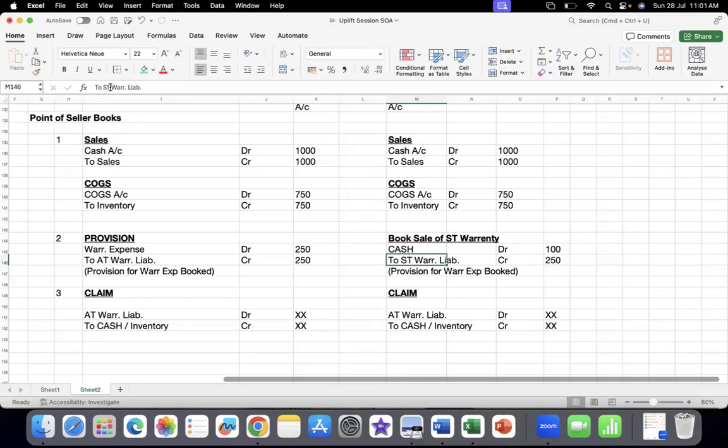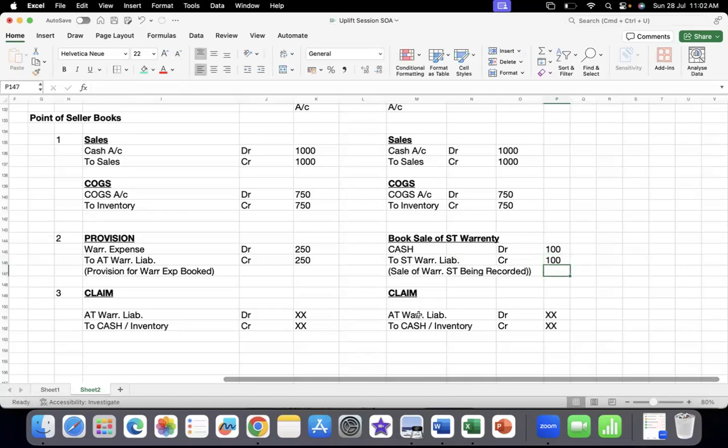That's a unique entry which you need to pass in the books of account. So it is not a provision, it is the sale of service type warranty being recorded. You got cash, so you're recording it as income as well, and you're recording it as a liability for the same amount.